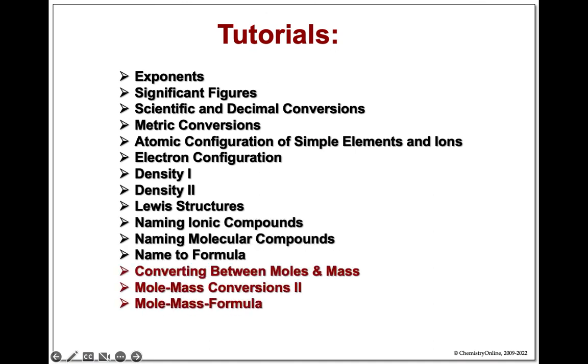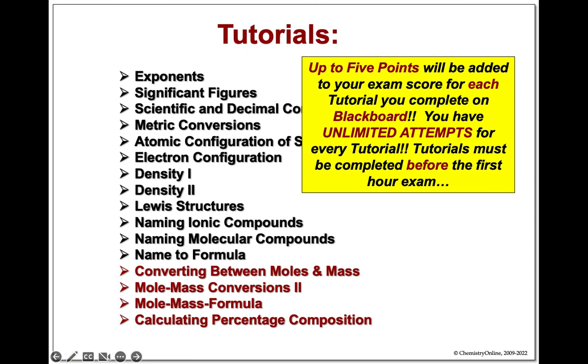Today we have mole mass conversions, 1 and 2, mole mass formula, and percent composition. You must complete these before we do the exam, because the day of the exam, actually at 11 o'clock, it disappears forever from Blackboard.